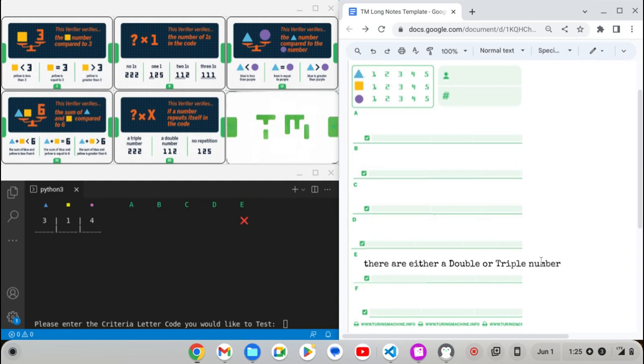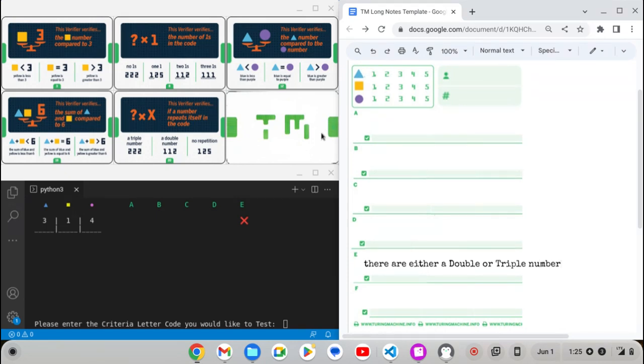Okay, so at this point we really can't cross anything out because, again, that's for the whole code, not for any individual triangle, square, or circle. Next, let's see, if we have a double, or triple perhaps, what could we test?